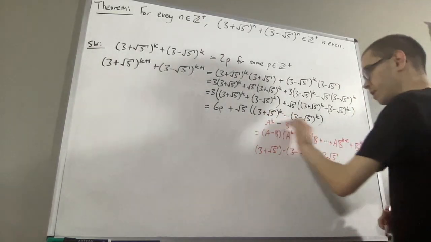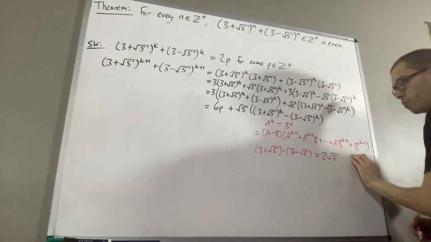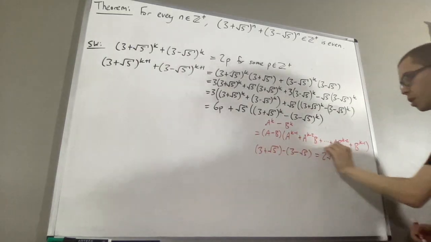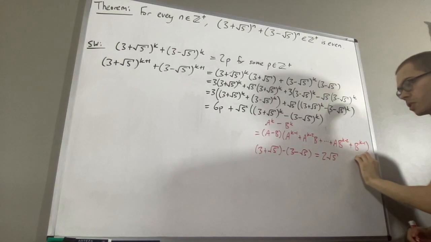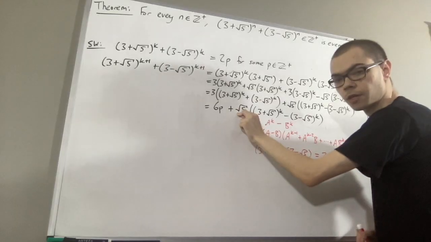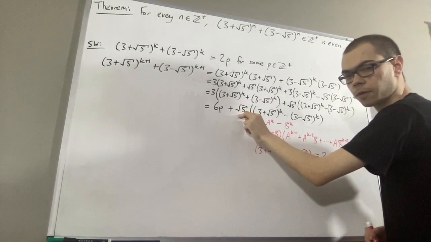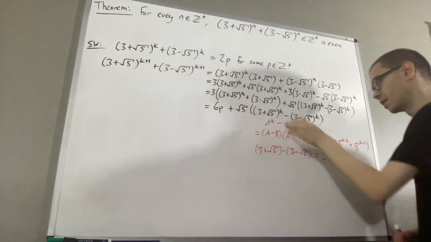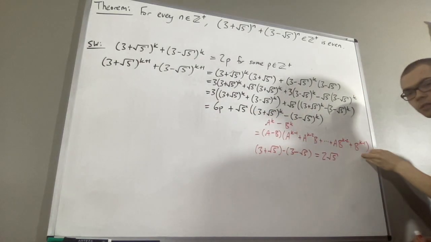So if we re-express this guy in this form, it's going to be 2√5 times some other quantity. But notice, we would be doing √5 times √5. So the radical would go away. And we'd be left with 2 times 5 times this quantity.